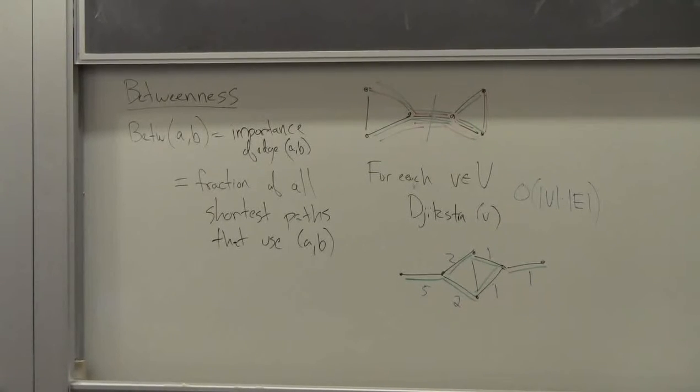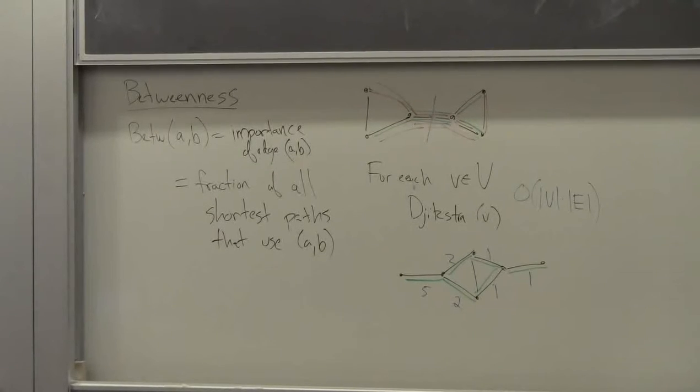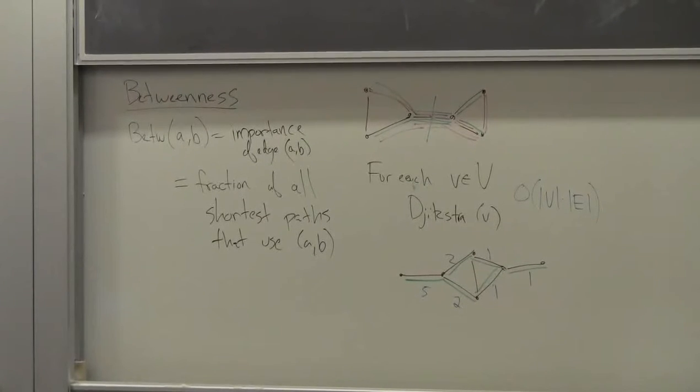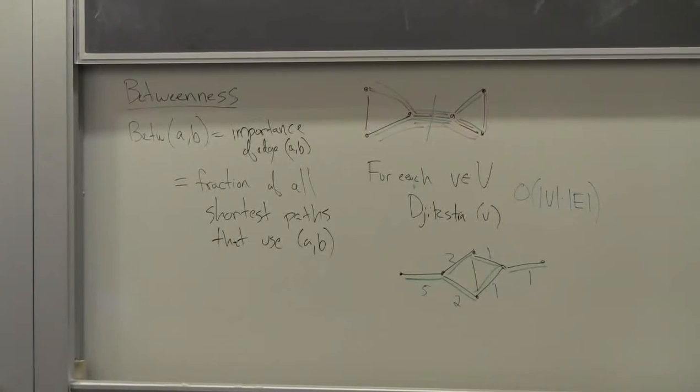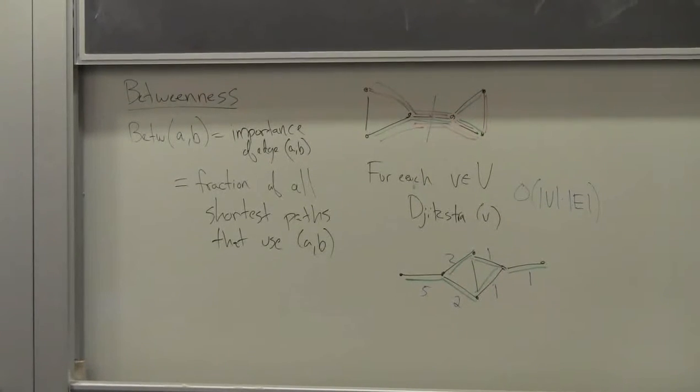If you had, say, even 10,000 vertices on the graph, and let's say 100,000 edges, you could probably run this. It would take a long time, but you could probably do it.